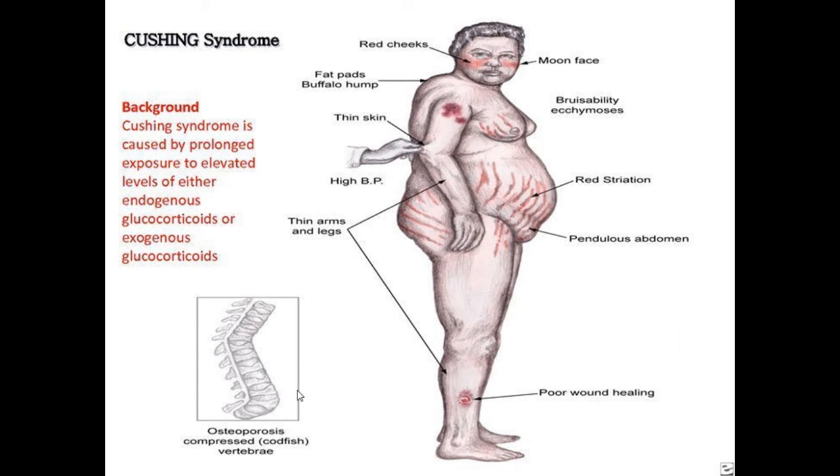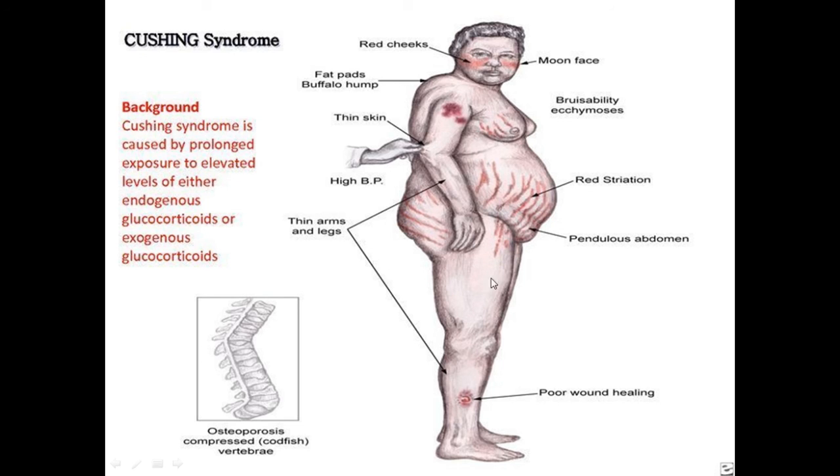Hypersecretion presents as Cushingoid syndrome. The patient may have a fat hump, buffalo hump type of deposition on the back of the shoulder region. There may be a pendulous abdomen, and pigmented or reddish striae may be visualized on the abdominal region, thigh, and buttocks.